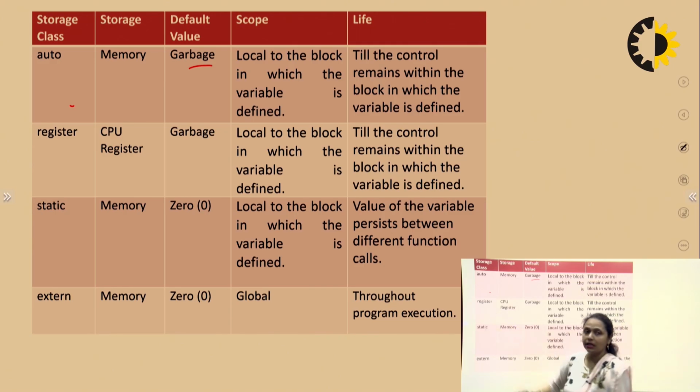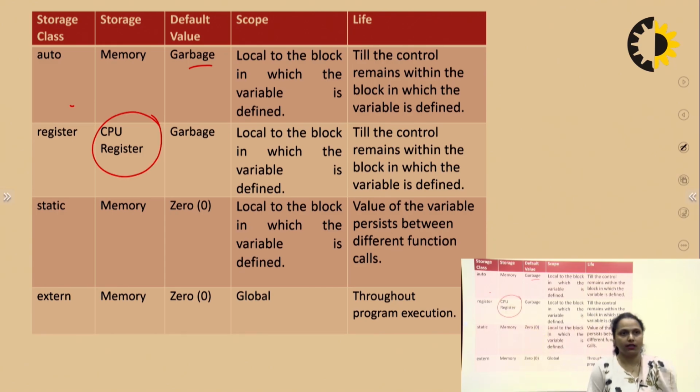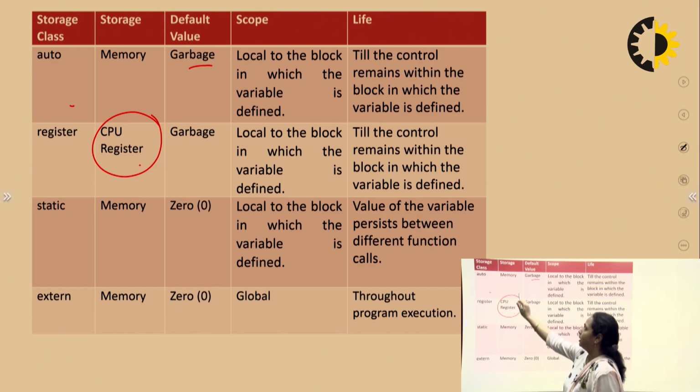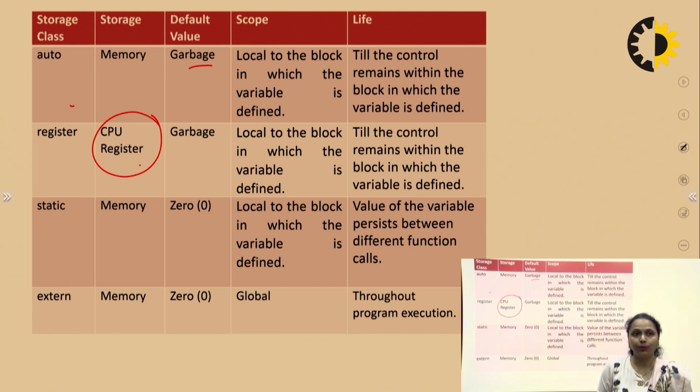The next storage class is the register storage class, and here the data will get stored in CPU registers. So when the data is input by the user, it will look for a CPU register to get stored.